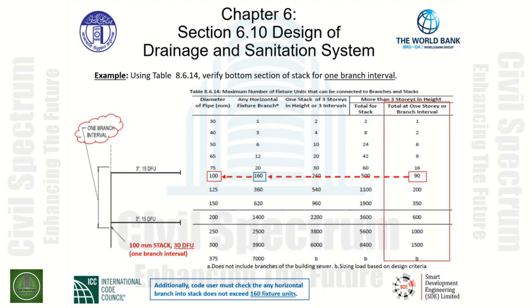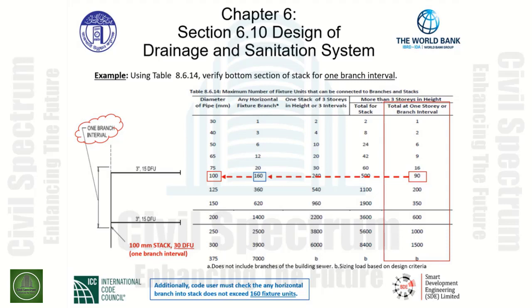This value of 160 fixture units means that you cannot have any horizontal drain connected into the stack that discharges more than 160 on the horizontal connection into the vertical stack. In our example, we only have 15 drainage fixture units, so we are more than adequate, being lower than that value. That's our first check.